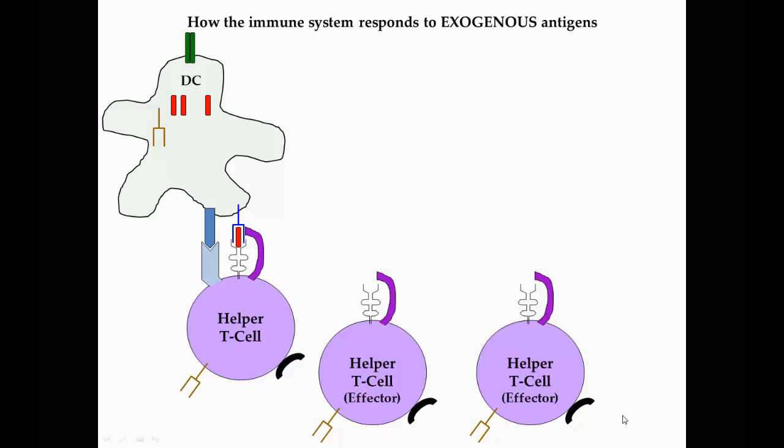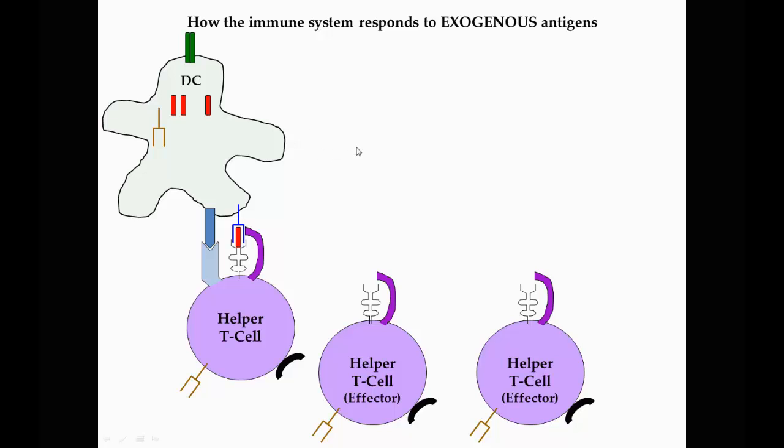Effector cells are a type of immune cell that are poised and ready to carry out their function. And it's the function of helper T cells to coordinate all the other cells of the immune response. So you can think of helper T cells as the maestro of the symphony.